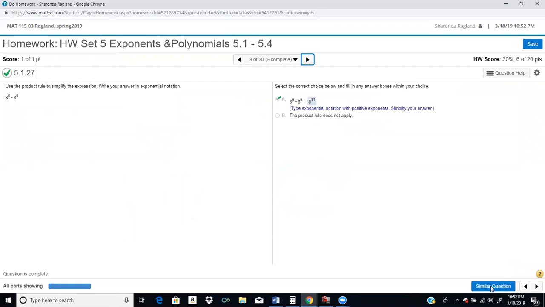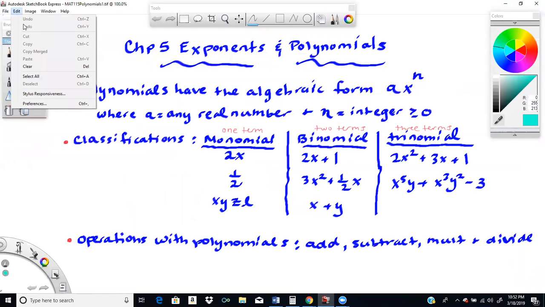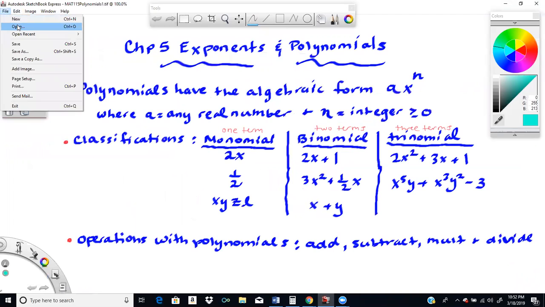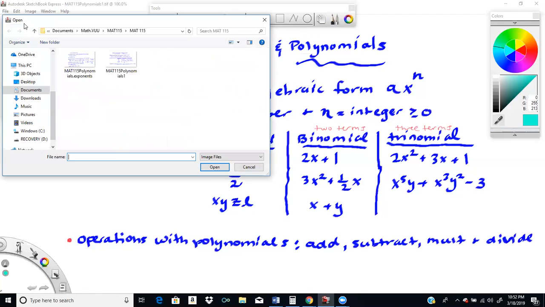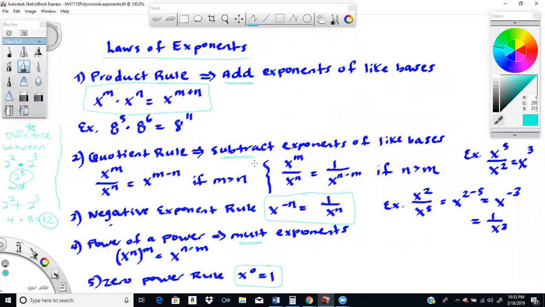All right, get into your laws of your exponents. All right, so your laws of your exponents. Again, you have your product rule.